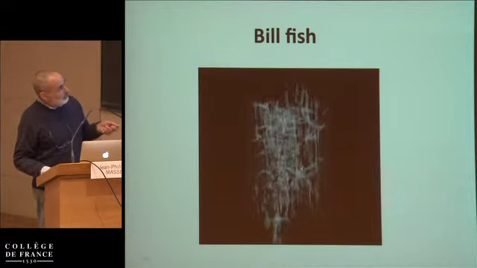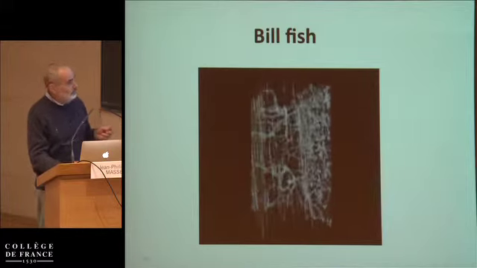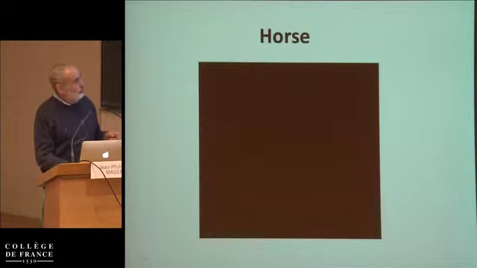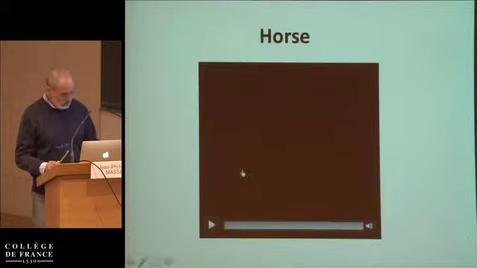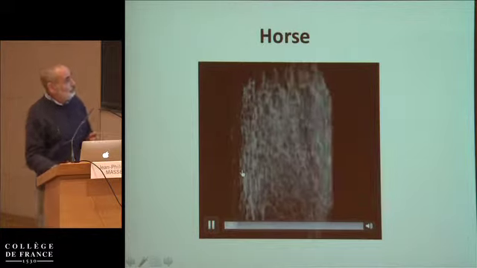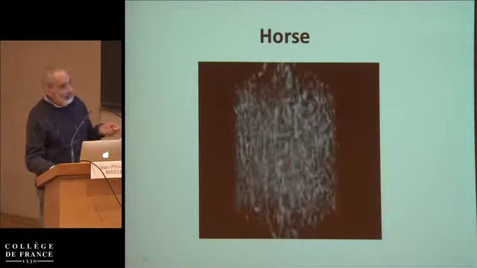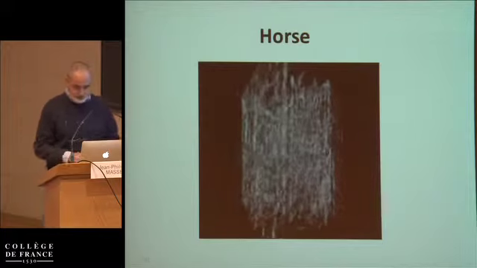There are some connections laterally, but the main orientation is along the length of the bone. And just for comparison, I'll show the same short movie with the horse. It's a bit denser, that is true, at least in this area, but the arrangement seems to be pretty similar.